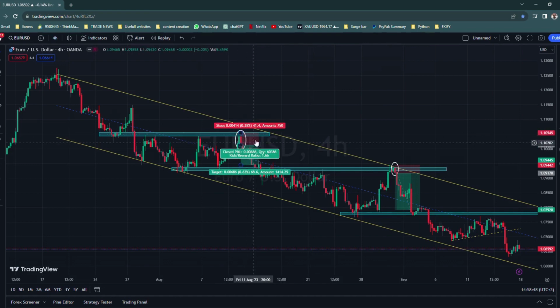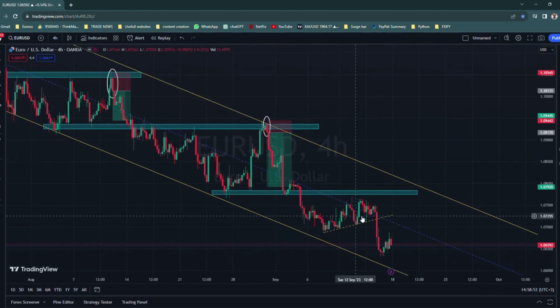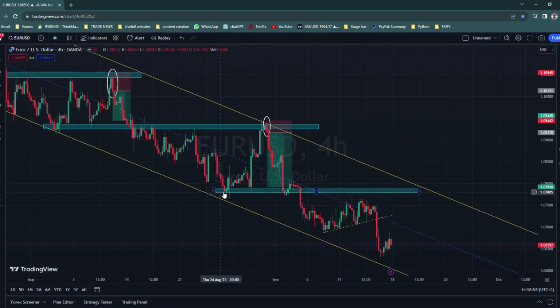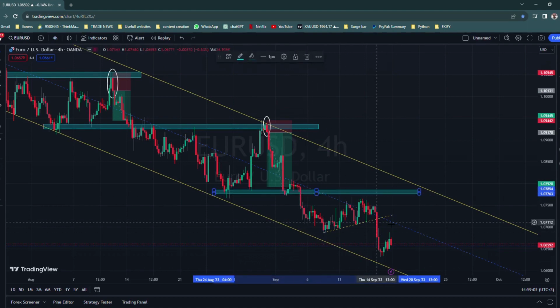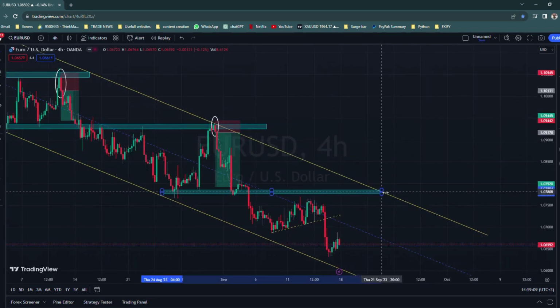Now, this was a good example, and this was a good example. If you look at the market structure right here, there is another key level where the market has been trying to create good supports that have been broken, and the price hasn't returned to this key level. So in this situation, what are you always waiting for?